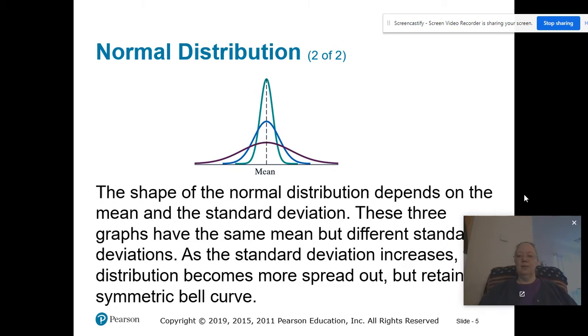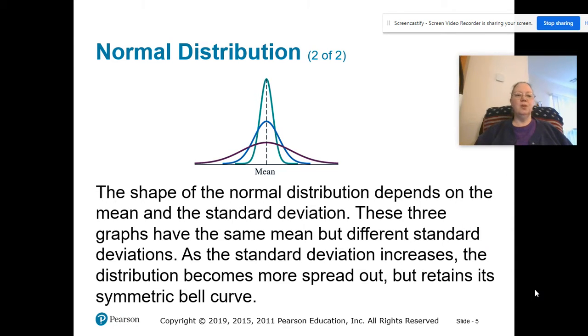The shape of the normal distribution depends on the mean and the standard deviation. These 3 graphs have the exact same mean, but the standard deviation is different. We've got this one, which is really flat. This one is going up like this, and then this one is way up here. All of it depends on the standard deviation.